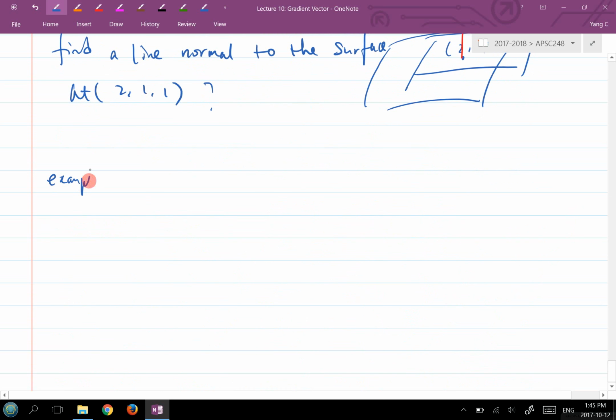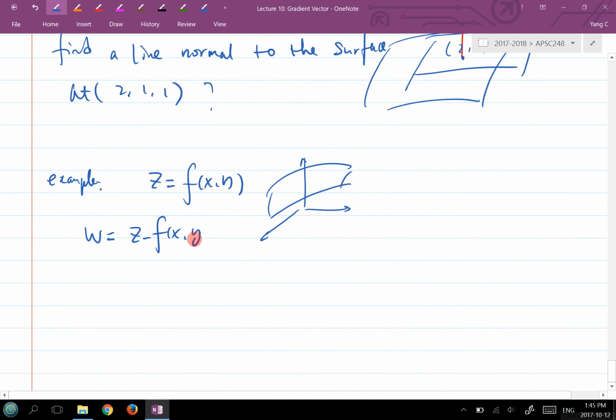I wouldn't call it an example, but let's just see here. If I have a function z equal to f of x, y, this is some sort of surface. Alternately, I can see this as a function of 3 variables, w equal to f of x, y, z.